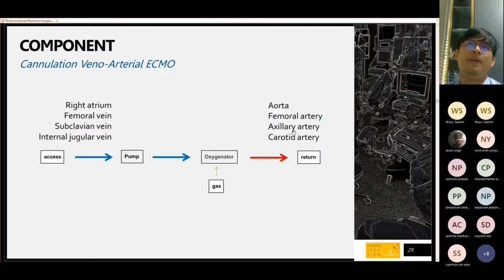And the return is going to be the aorta for post-cardiotomy or cardiac surgery. Or for some other peripheral, like the femoral artery, axillary artery, or carotid artery. For neonates or small babies, the option would be the internal jugular vein and back to the carotid artery.